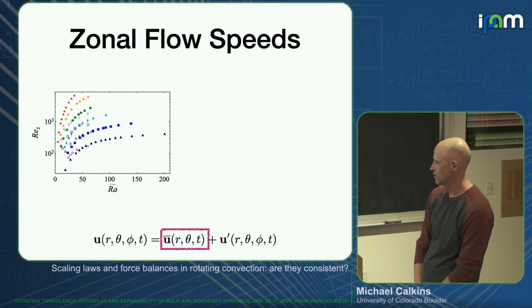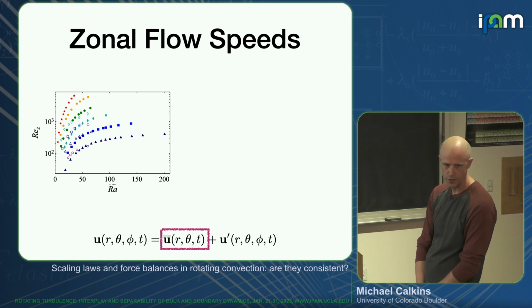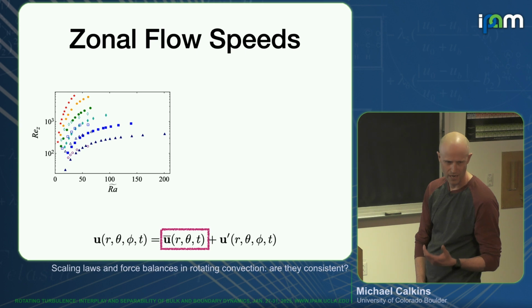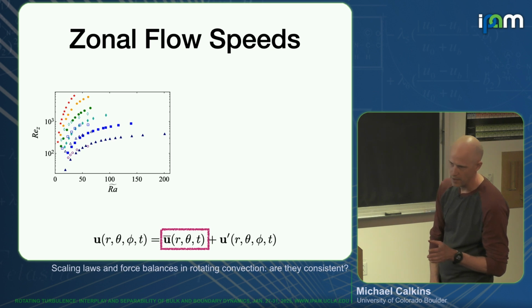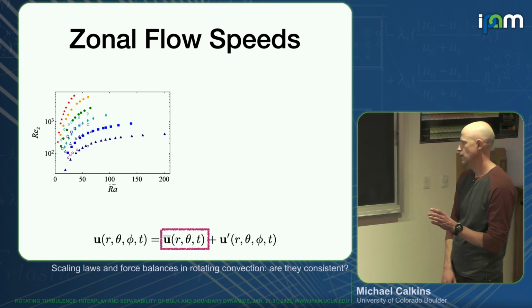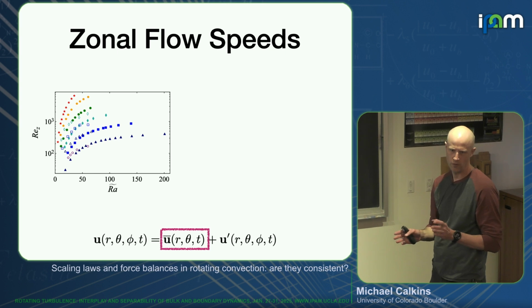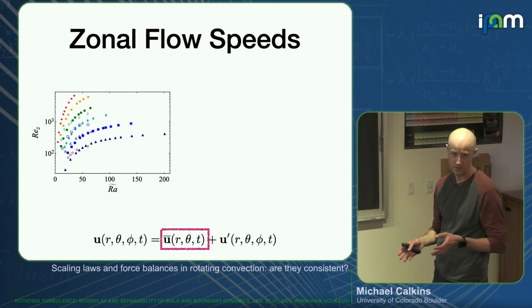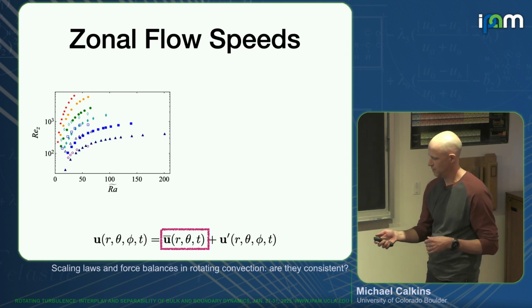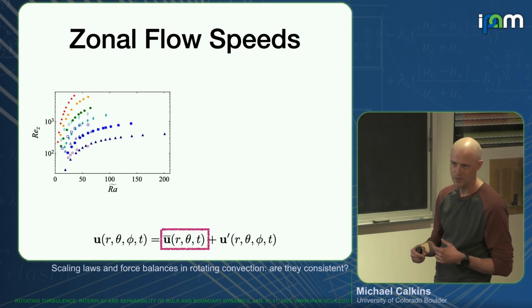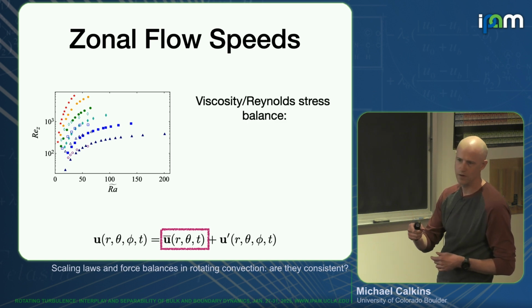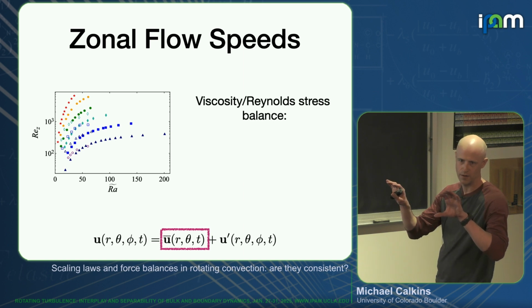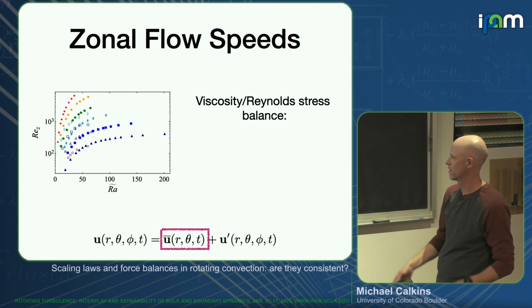Zonal flow speeds. The zonal flow speeds in the system tend to be a lot larger, but they're governed by different dynamics. In this system, with stress-free boundaries, no magnetic field, et cetera, the zonal flow is geostrophically balanced too, just like the convection. What that means is that the only way to damp the motions is to use viscosity. If you look at the zonal component of the momentum equation, the only balance that can occur is between viscous stresses and the divergence of the Reynolds stresses.